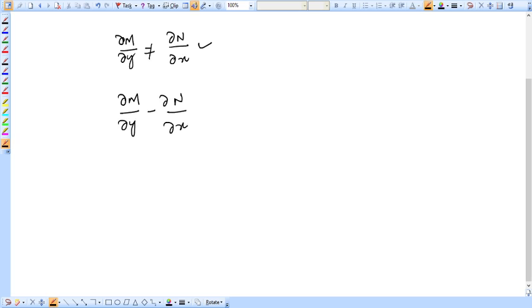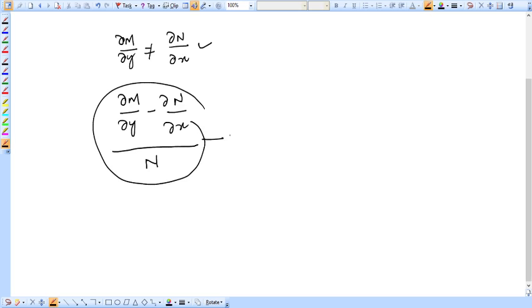If we divide this difference by N, and this comes out equal to a function of x alone, say f(x), then e^(∫f(x)dx) serves as the integrating factor for the given differential equation. Okay, this was rule number 3.